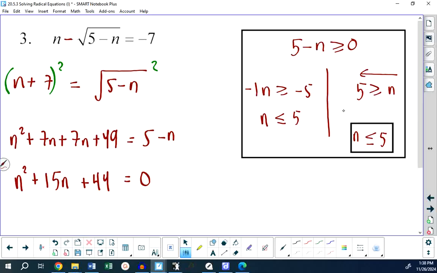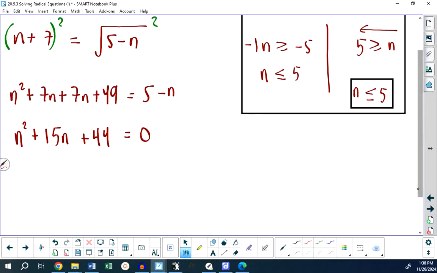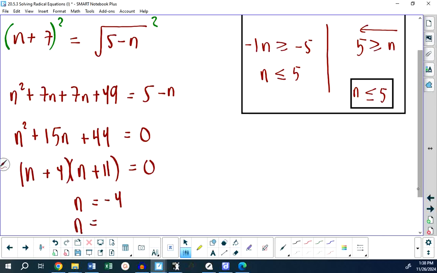I think piling on a non-factorable quadratic at this point in this kind of question is a little much. Okay? I'm pretty confident that we don't have to write n plus 4 equals 0. Right? Okay. Those are our two solutions.